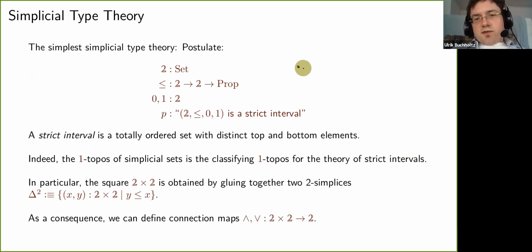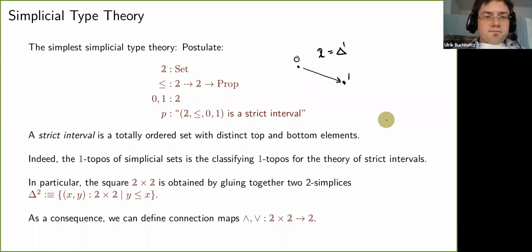So a strict interval is a totally ordered set with distinct top and bottom elements. So we draw it something like this, and I'm going to call it both 2, but I'm also going to call it delta 1. And indeed, in one-topos theory, the one-topos of simplicial sets is the classifying one-topos for these guys. And the infinity one-topos of simplicial spaces is the classifying infinity one-topos for these guys.